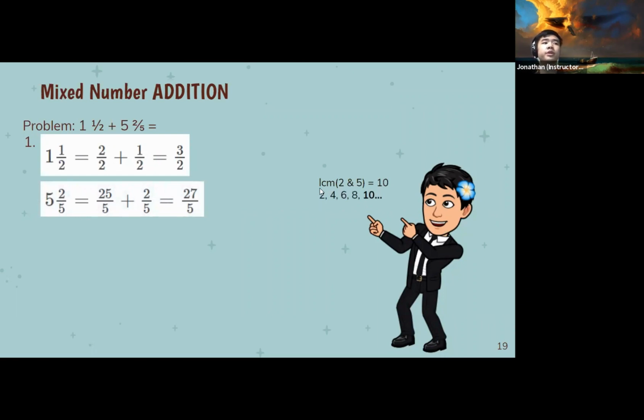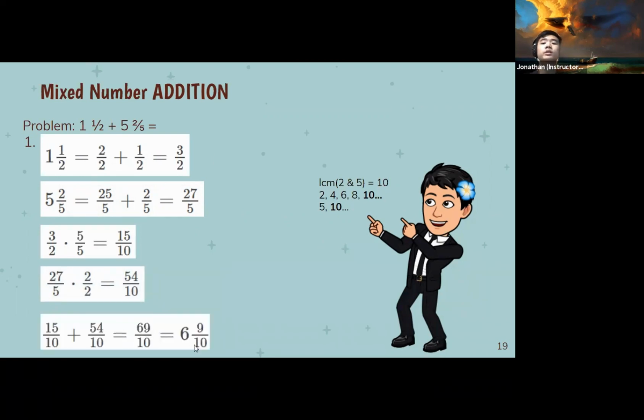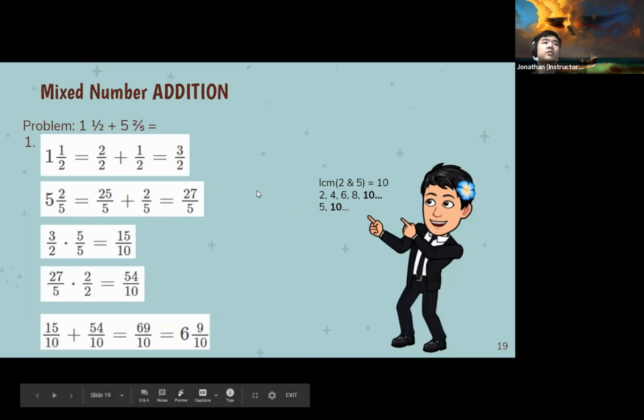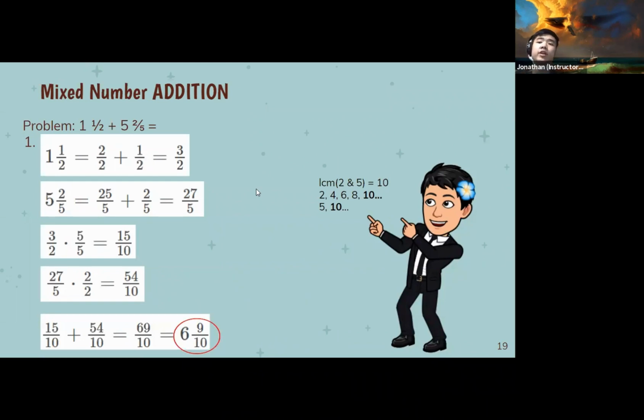So 3 halves is 15 over 10. 27 over 5 times 2 over 2 is 54 over 10. And the final answer is 69 over 10, or 6 and 9/10. So it's basically very easy. You just have to convert, and then you can get your answer.